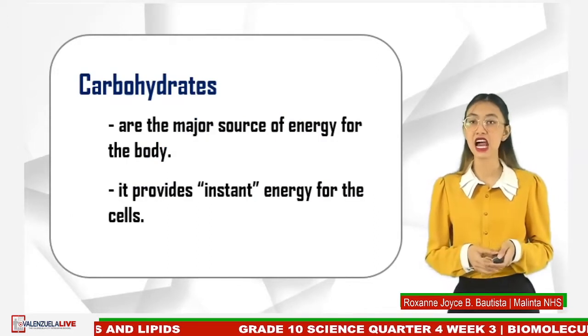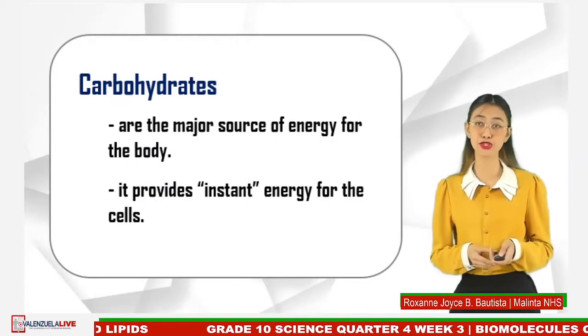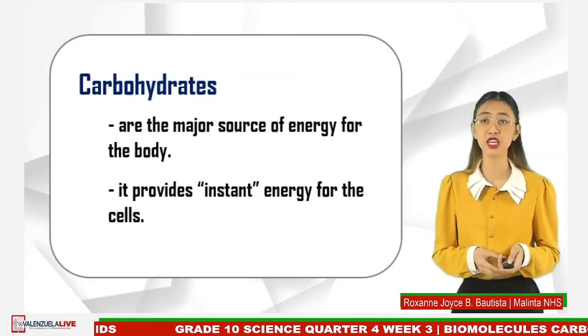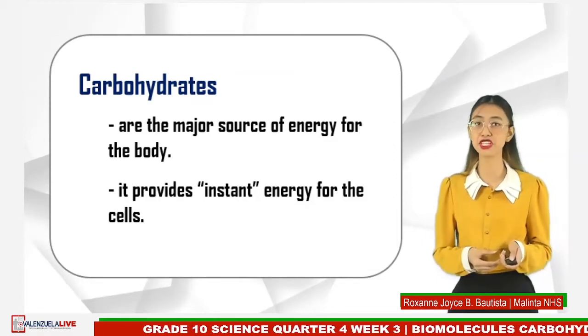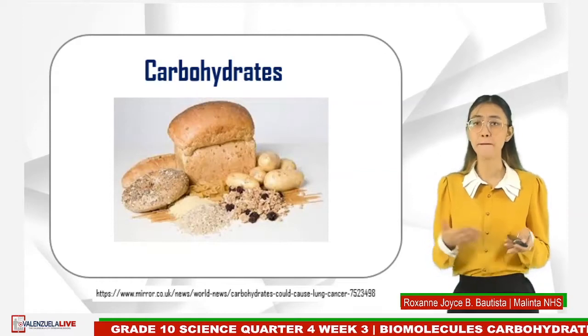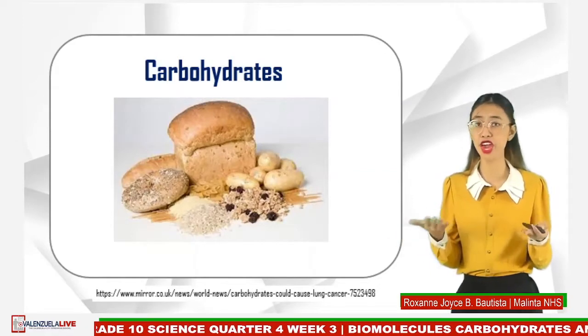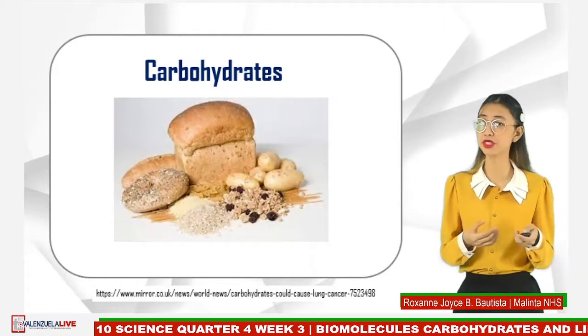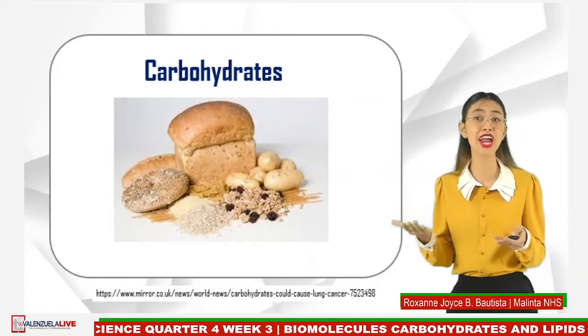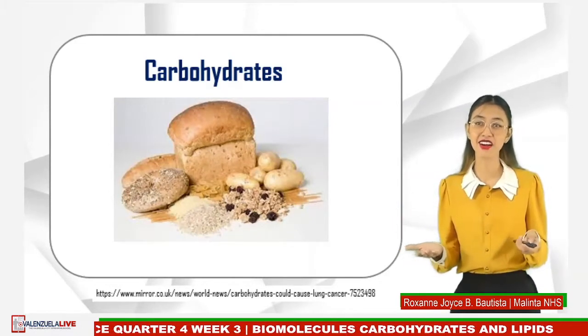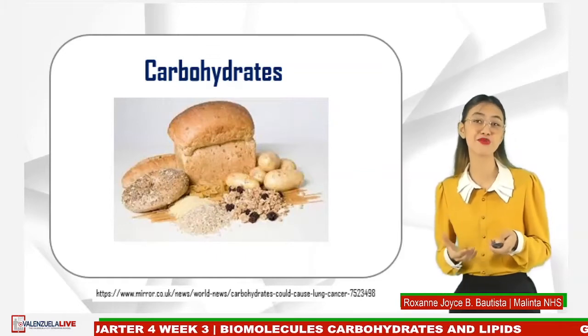Carbohydrates. Carbohydrates are the major source of energy for the body. It provides instant energy for the cells. Many people immediately think of bread, pasta, rice, and potatoes when someone says carbohydrate. And they are not wrong, but many other foods contain carbs too.